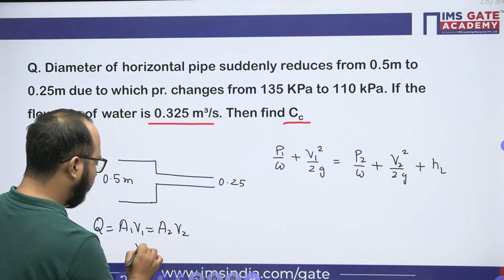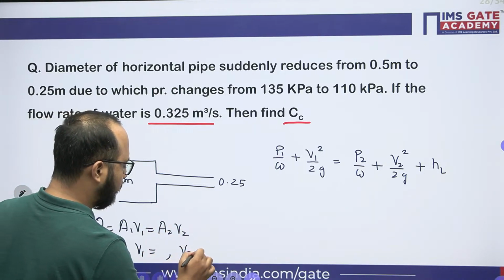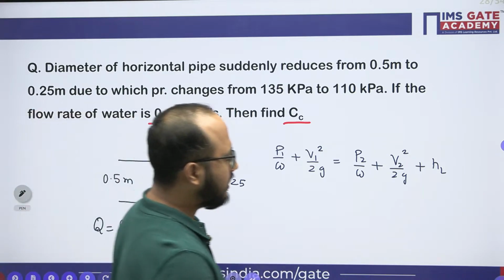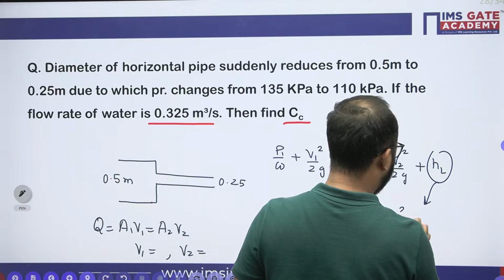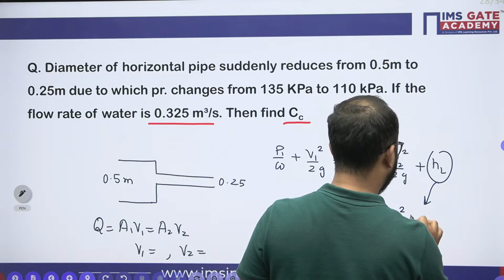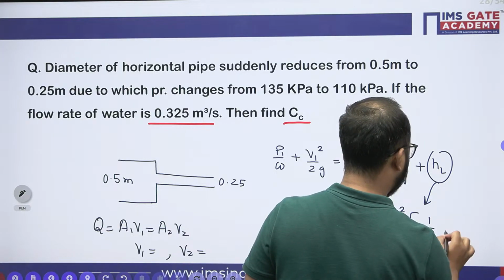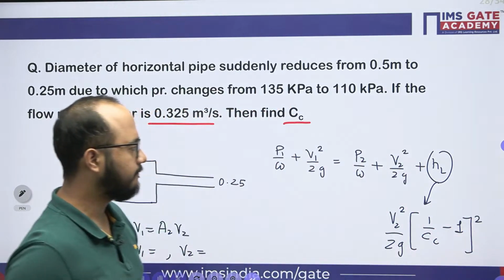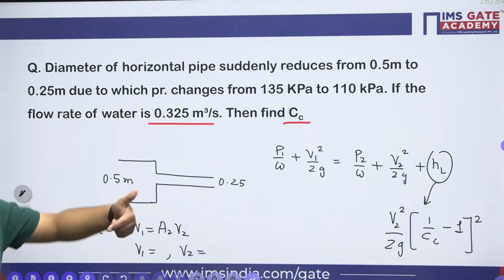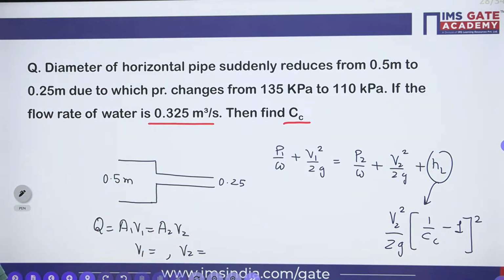We can calculate V1 and V2 also. And what is the head loss here? V2 square by 2g times (1 by Cc minus 1) whole square. Okay, you will get the answer here.